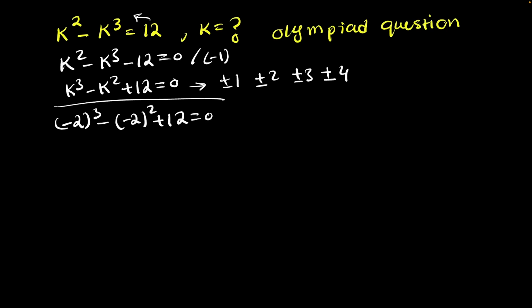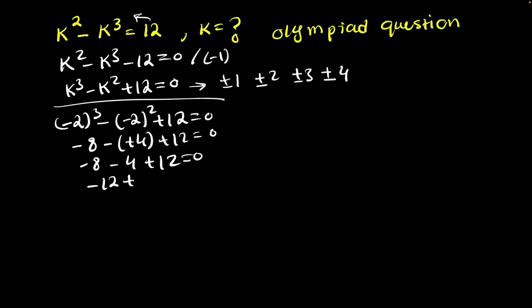So (-2) cube is -8, minus (-2) square, which is +4, so -8 -4 +12 equal to 0. -8 and -4 become -12, and +12 is equal to 0, and 0 is equal to 0.